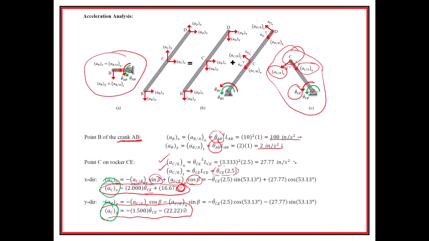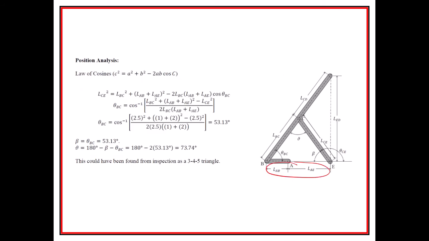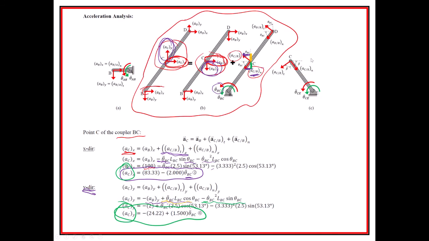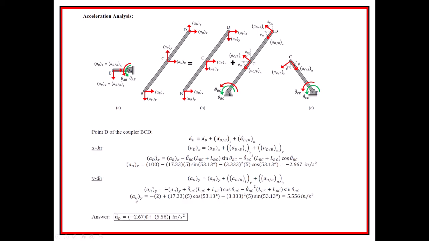My main goal in all of this was to find the acceleration over at D, right over here. So that's what I proceeded to do. What I really needed was these. I needed to know theta double dot BC and theta double dot CE in order to get these. So I placed them in here, and I'm able to find it because I'm using B as the reference again.